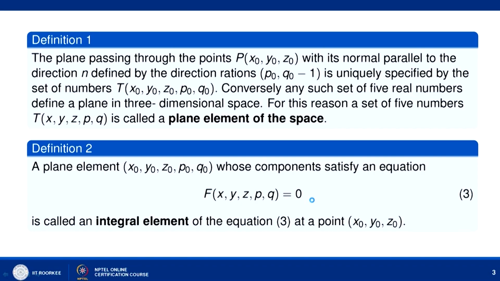To do this, first let us do some basic things. Recall that the plane passing through a point P(x0, y0, z0) with its normal parallel to the direction n, which is defined by the direction ratios p0, q0, -1, is uniquely specified by the set of numbers (x0, y0, z0, p0, q0).